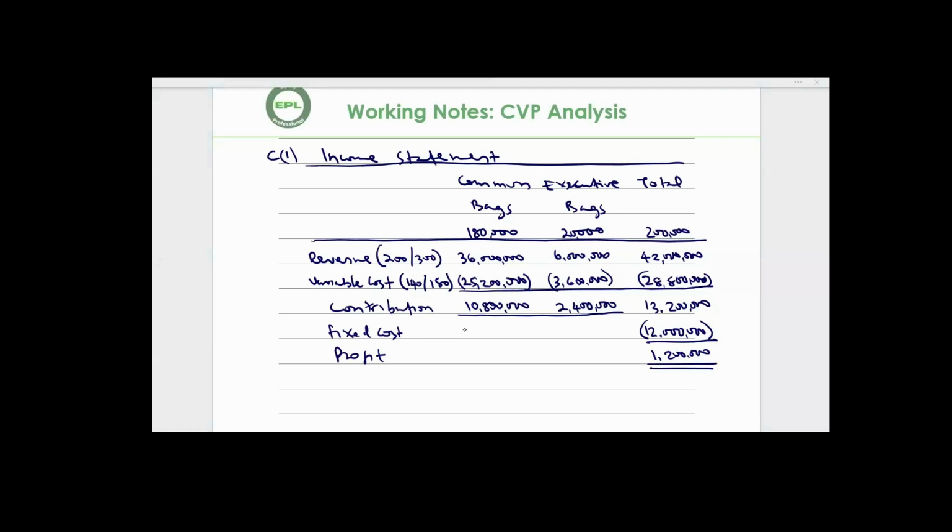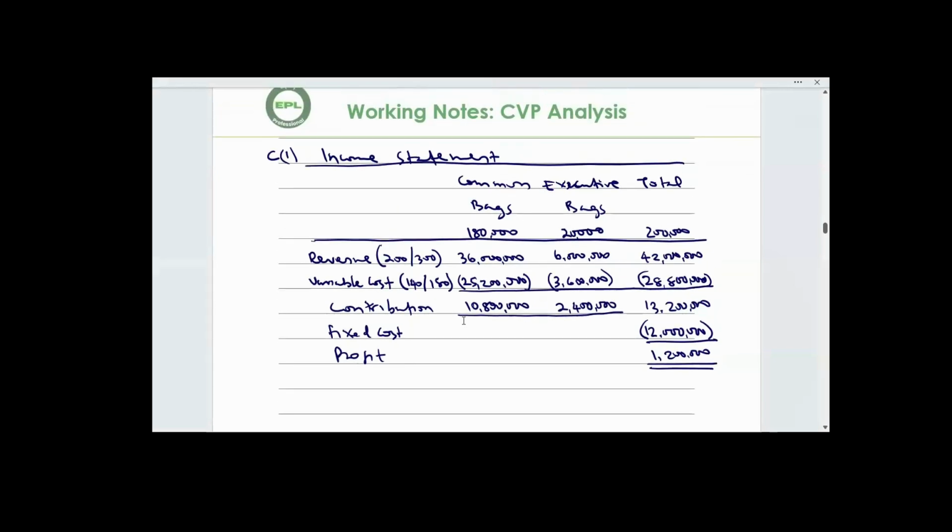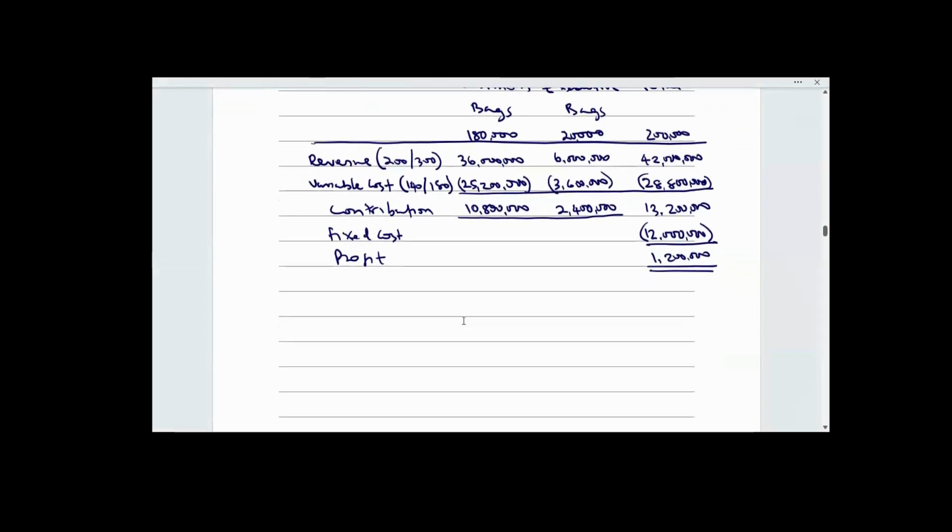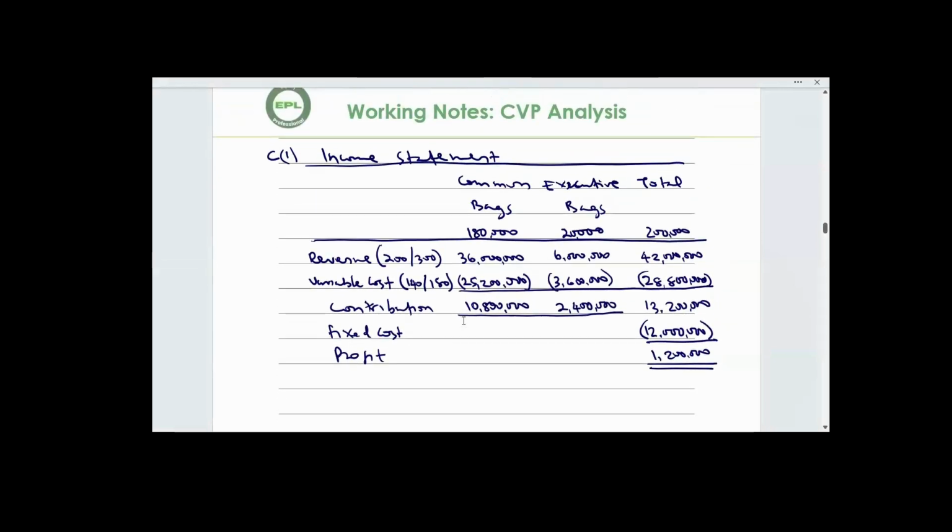So we have two more left in that particular requirement. The next thing we want to do now is to determine break-even points in units for both executive as well as common bags. Before you can determine the break-even points in units, you need to first calculate the contribution margin ratio.